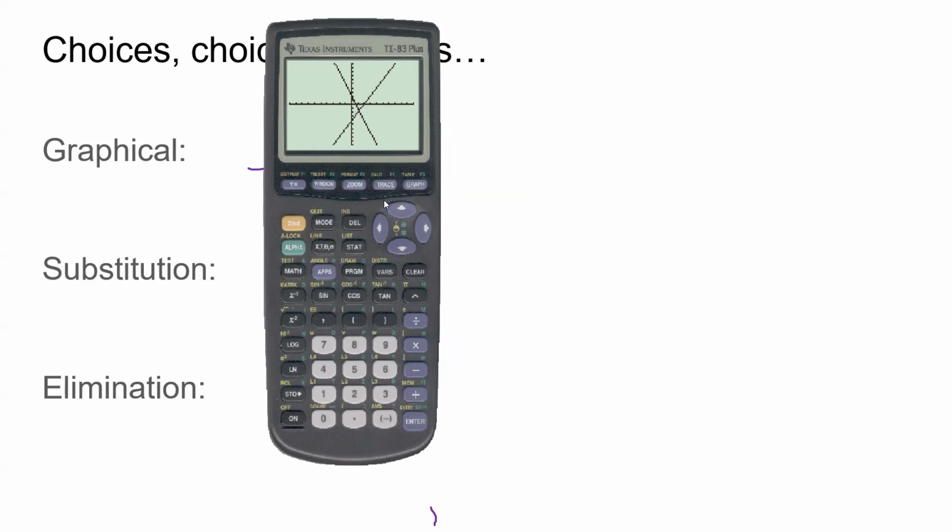I could find that point using the calc functionality. Second trace gives me calc. I want the intersection, where those two lines intersect. As always, you've got to give it a little bit of information, which is the first curve. Pick either one, doesn't matter. It's going to jump to the other curve. Is this your second curve? You go, yep. Then it says, where do you think? About there, and it'll go find it that way.